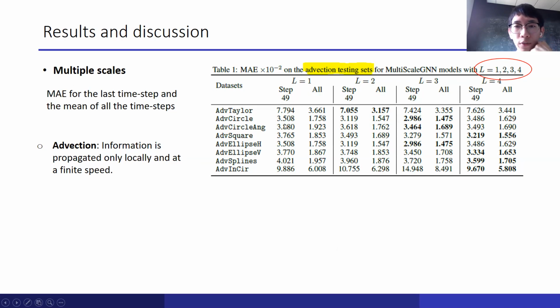So we can see for the advection problem, we cannot observe significant improvement if we compare L equals 2 and L equals 1. The reason is for the advection problem, the information is propagated only locally and at a finite speed. So the multiscale architecture doesn't help here.